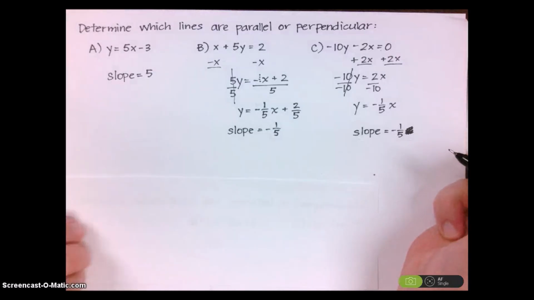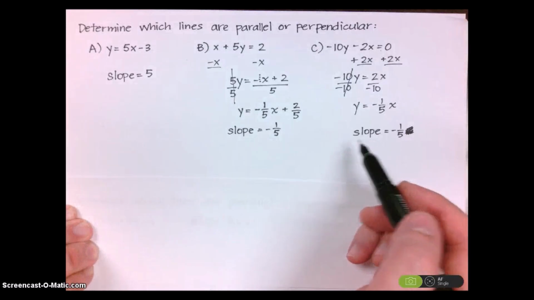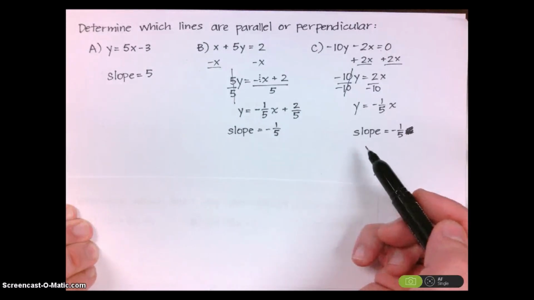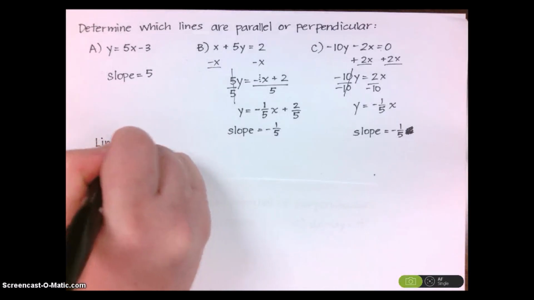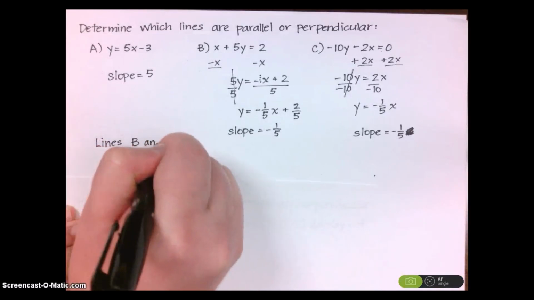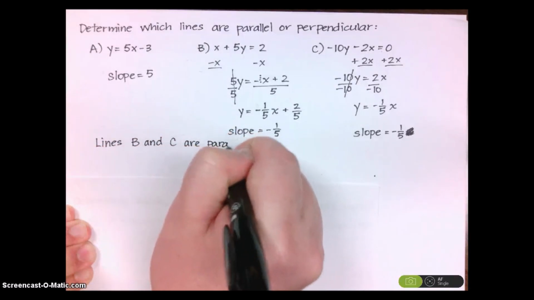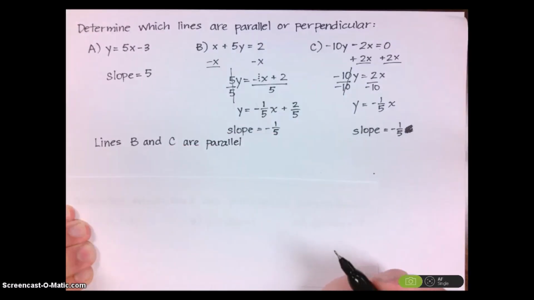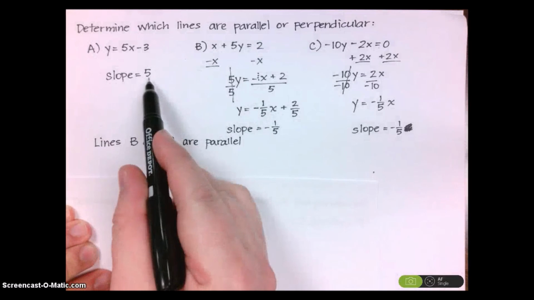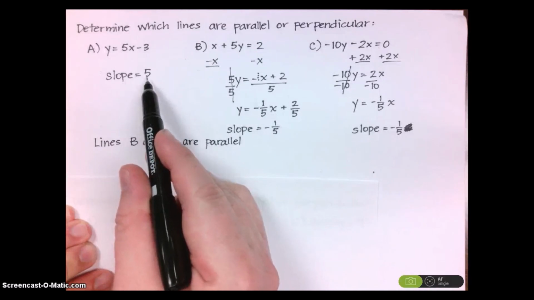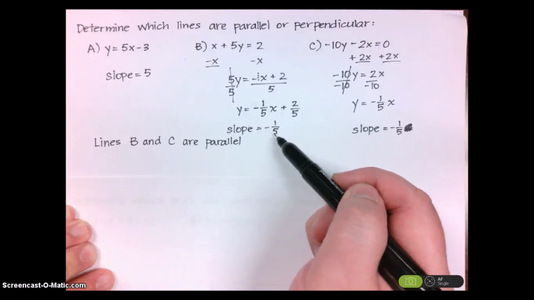So looking at these 3 slopes, I can already tell 2 of them are exactly the same. Both B and C are the same slope. They're -1/5. So that means that lines B and C are parallel. Also, when I'm looking at this, I can see that 5, if I take that slope and I do the reciprocal of it, I would get 1/5, and the negative reciprocal would be -1/5.